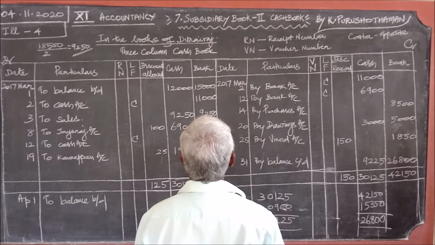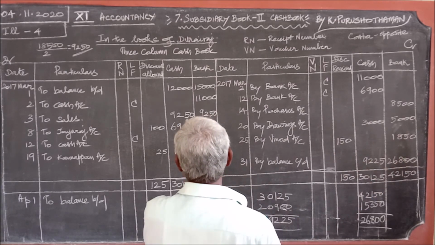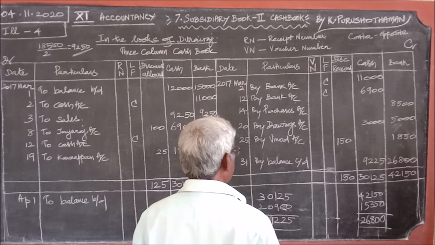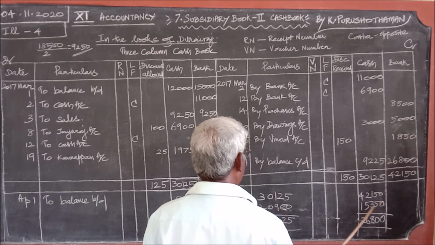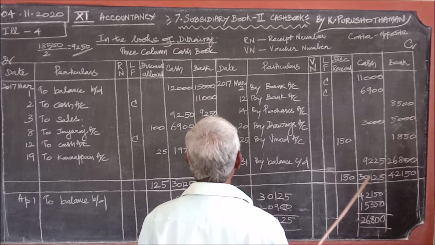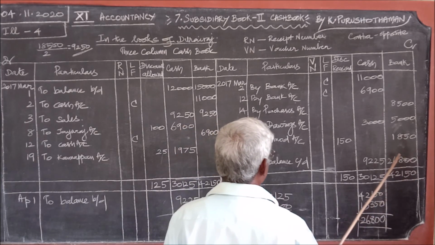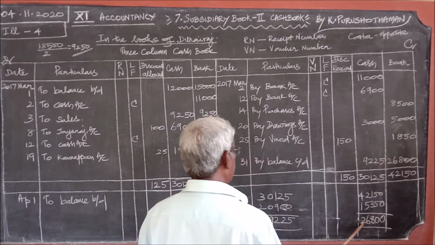Then consider the bank columns on both the sides. Find the total of the debit side and the credit side. Debit side total 42,150, credit side total 15,350. The greater total will be 42,150, right? Here some amount is missing, that is the balancing amount.